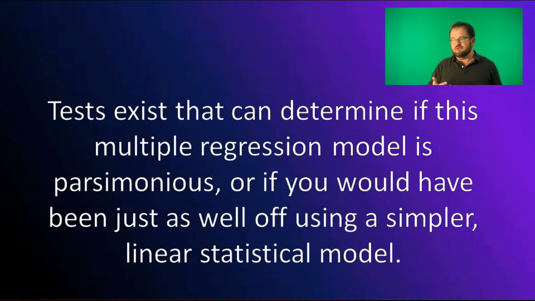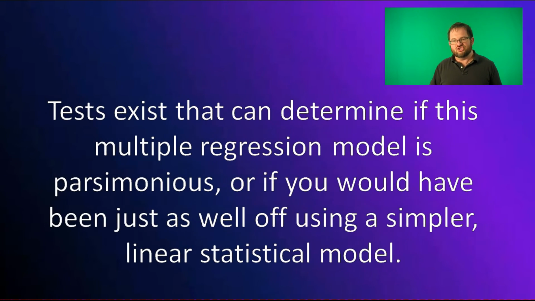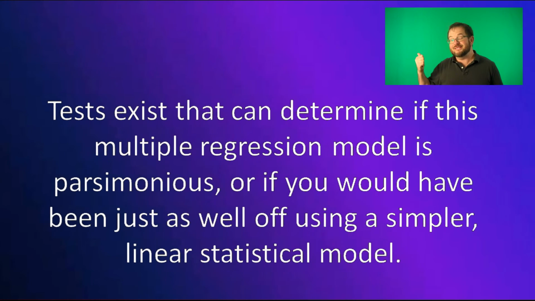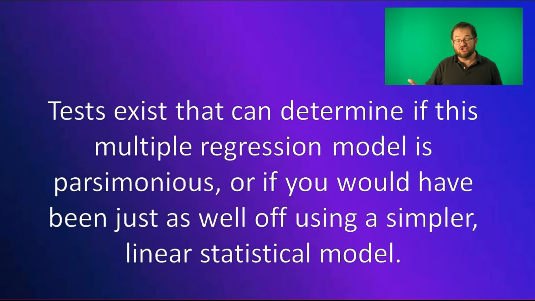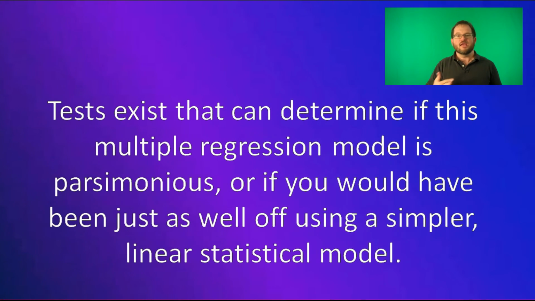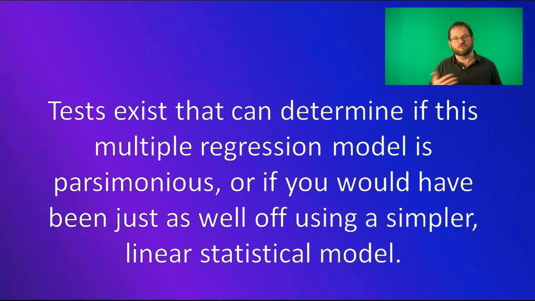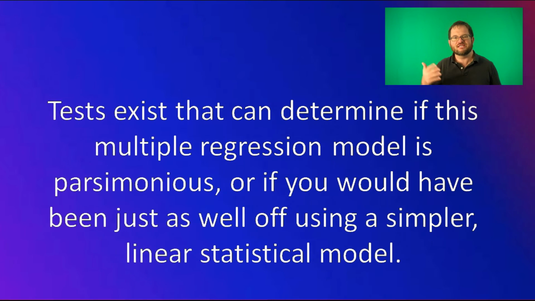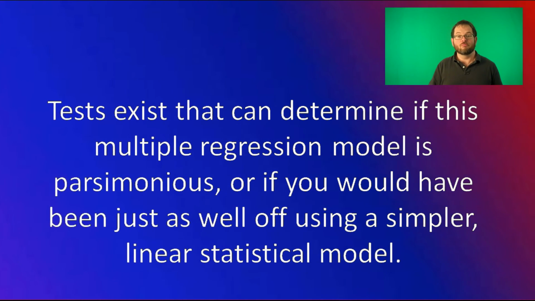If it turns out that you don't actually gain very much, the correlation isn't that much better, the slope of these planes aren't that much better when you add the second city, there are in fact tests to determine that. Your model would be more parsimonious if you got rid of Falls City and just forecasted Howells as a function of Ord. Those tests exist. If in your future career someday you need that, you will remember, because poor Dr. Schrage tried to teach about that kind of stuff a long time ago, and you can look them up. Okay, they'll be in your book.